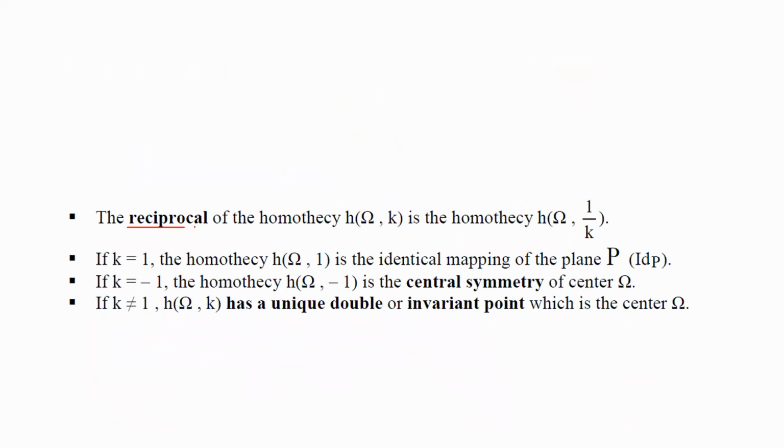The reciprocal, what does reciprocal mean here? Opposite, or the inverse. The reciprocal of the dilation h omega k is a dilation omega 1 over k. With rotation, what was the opposite? If the rotation was omega alpha, the inverse was omega minus alpha.